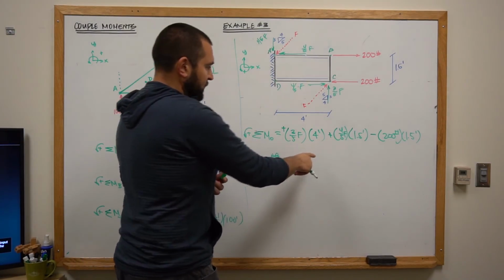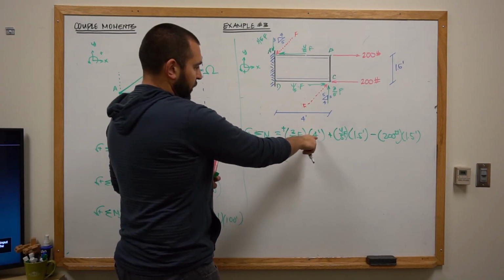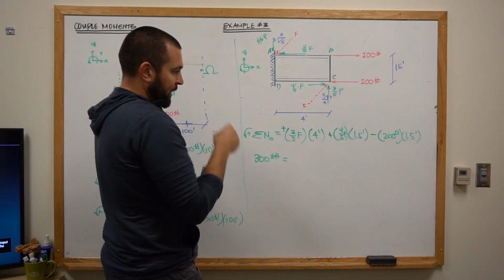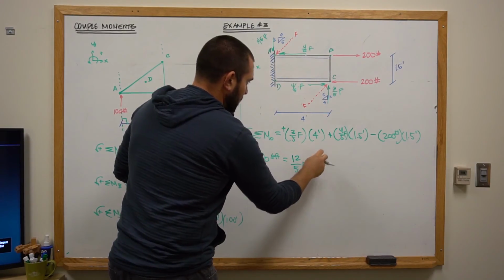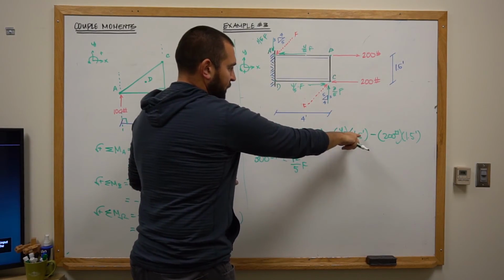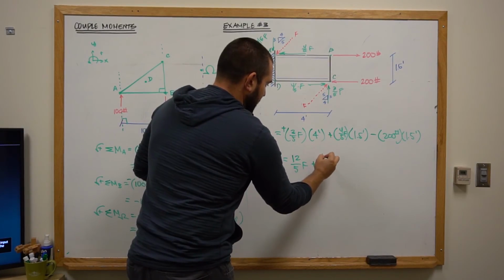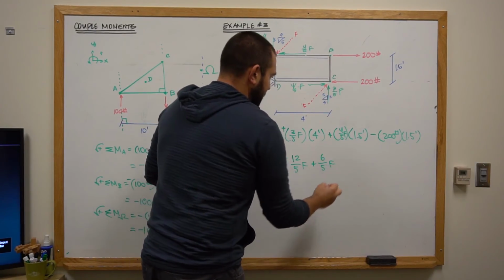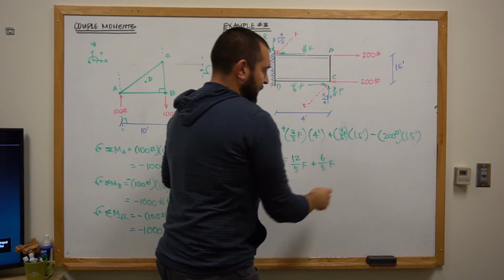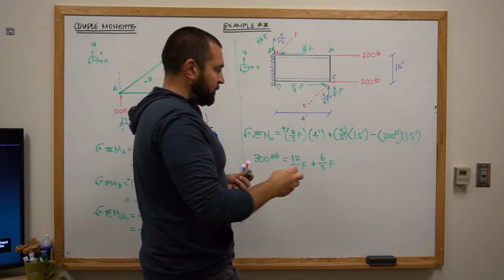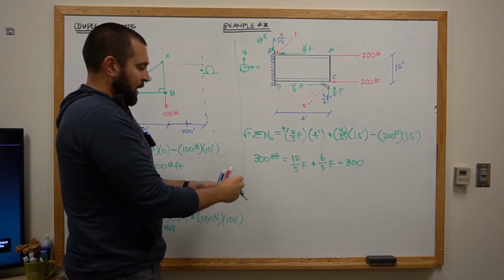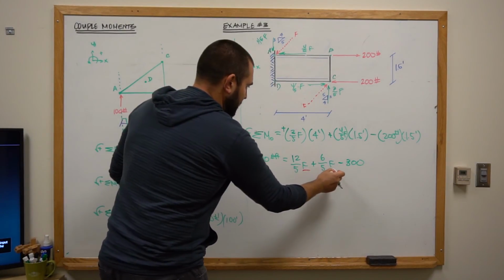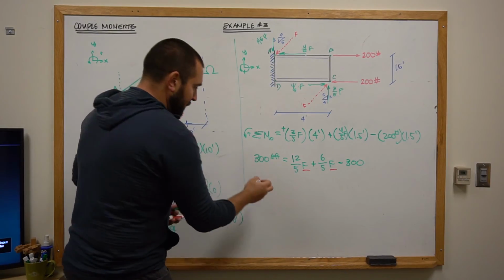So if I simplify things a little bit, here 3 times 4 divided by 5, I'm going to get 12/5 F. Here 4 times 1.5 is 6 divided by 5. I get 6/5 F. And then here I get minus 200 times 1.5, which is minus 300. I can just do a little bit of algebra to isolate F on one side by itself.